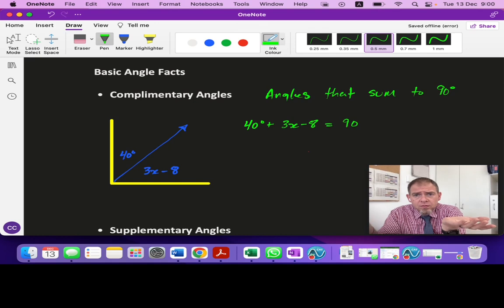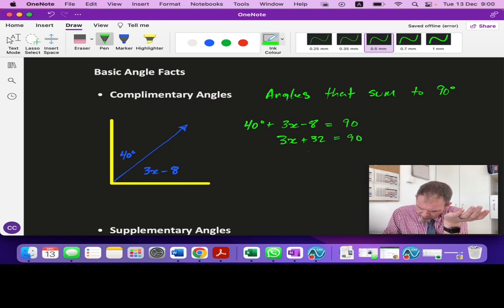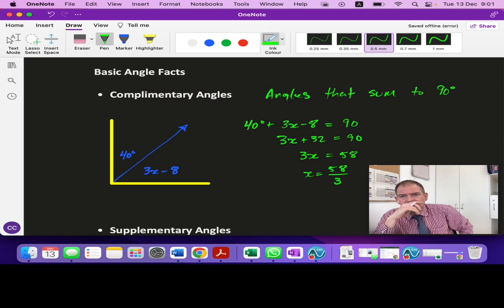Using our inverse operation rules, I've got 3x plus 32, because 40 minus 8 is 32, equals 90. So 3x is 90 minus 32, which is 58, and then x equals 58 over 3, which we can simplify, but I'm happy just to leave it as a fraction. Okay, that's complementary angles.